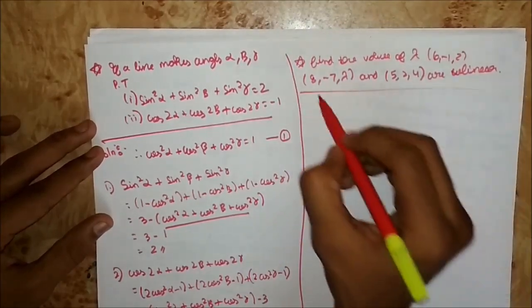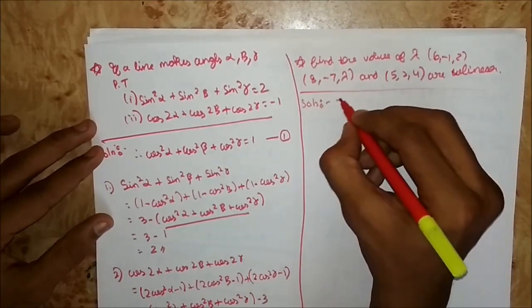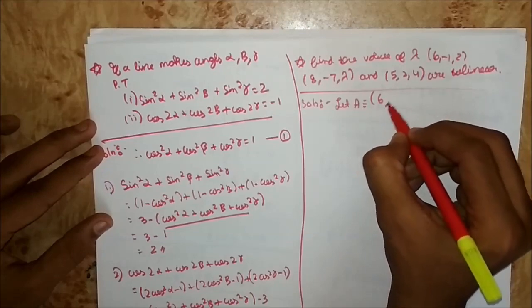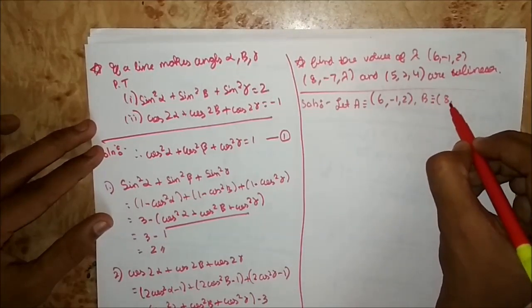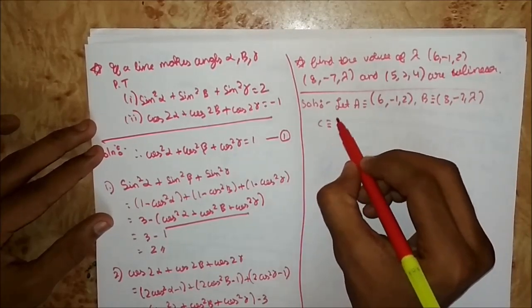Now the solution would be: let A be (6, -1, 2), B be (8, -7, lambda), C be (5, 2, 4).